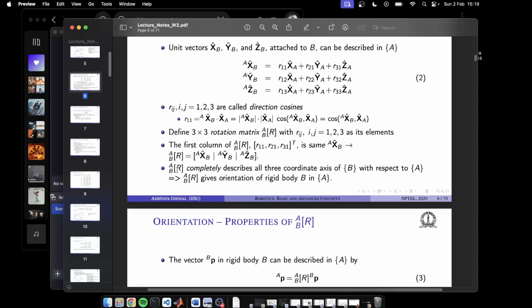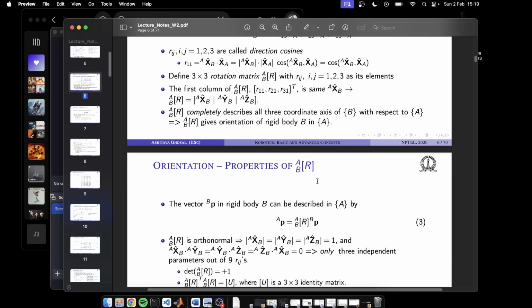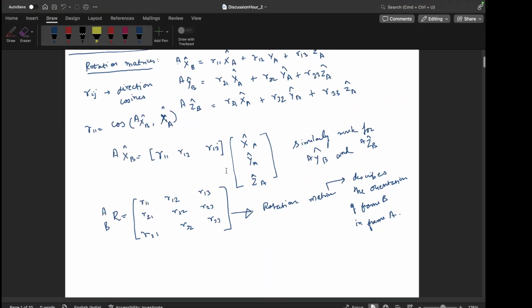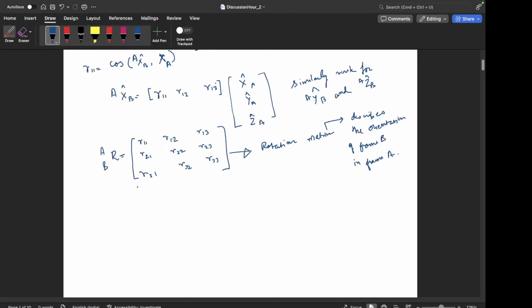So our matrix completely describes all three coordinate axes of B with respect to A. That is, this rotation matrix gives us the orientation of rigid body B in the frame A, right? So this is one very common and widely used approach to describe orientation of a rigid body.